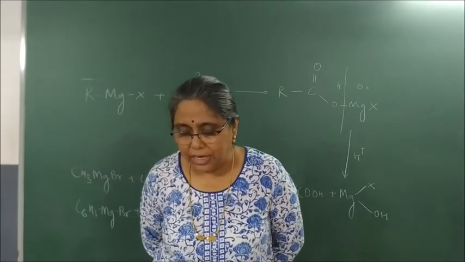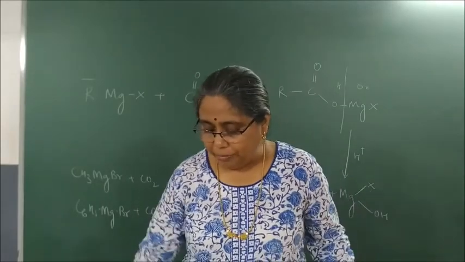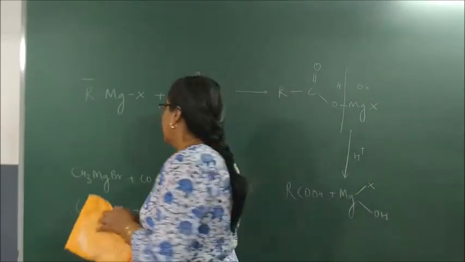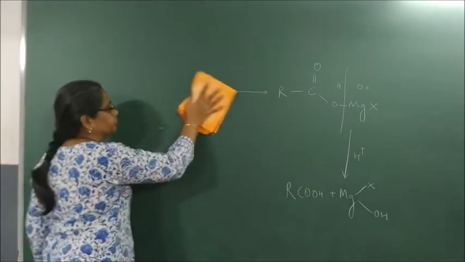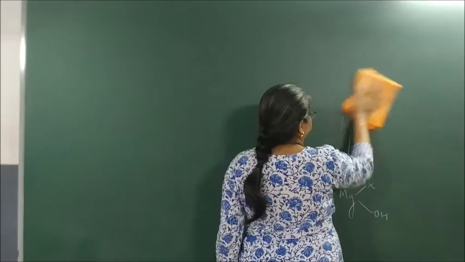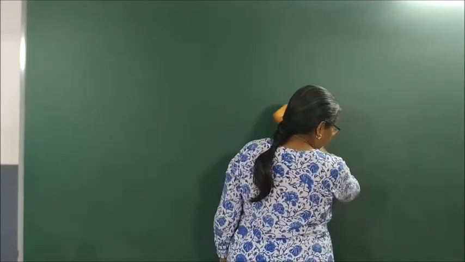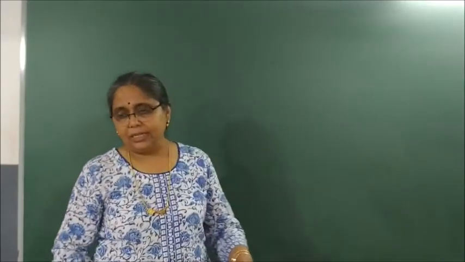Now write the next method, from acyl halides, that is from acid derivatives. Amides on hydrolysis give acid. Now from other acid derivatives, the next one is what?